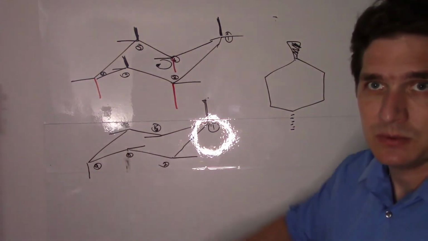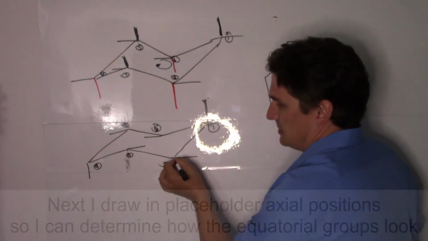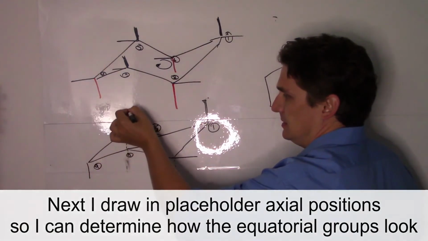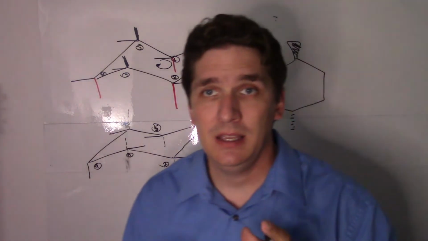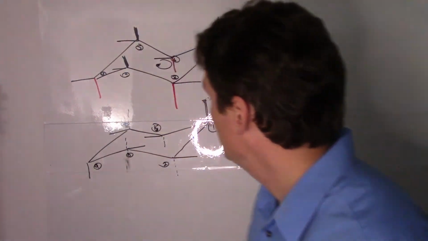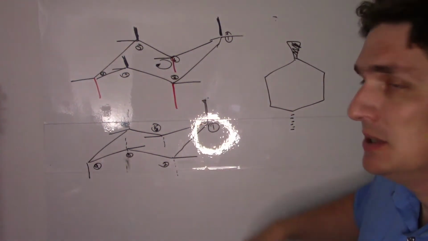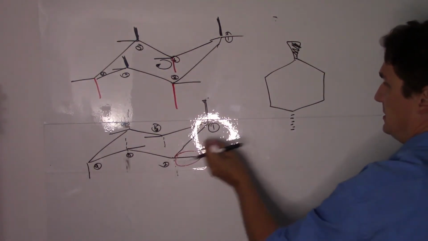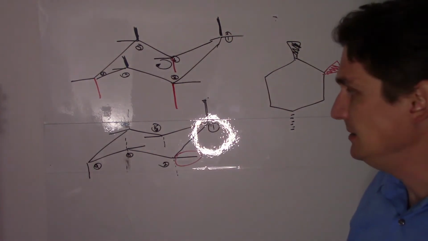So what about all these equatorial ones? Well, what I'm going to do is draw in the axials. So this axial goes down, up, down, up, down. The equatorials have to take the opposite of whatever the axials are. So since this axial points down, the equatorial here is going to be a wedge that points up. So this one here is going to go up because the axial here is pointed down.